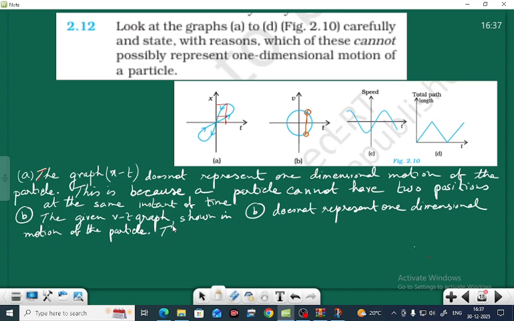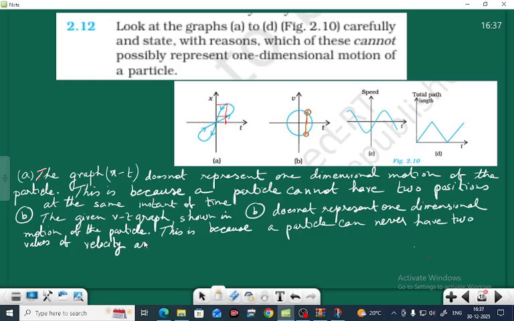This is because a particle can never have two values of velocity at the same instant of time.